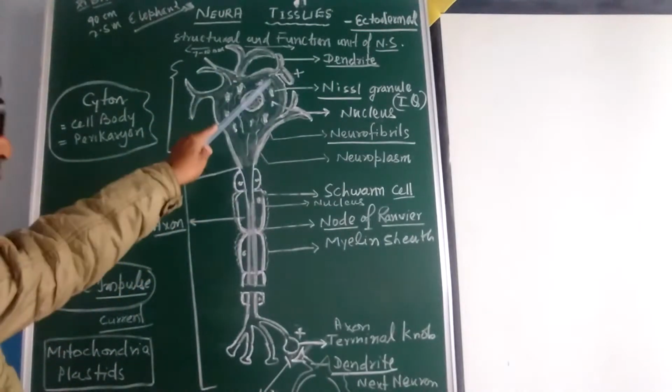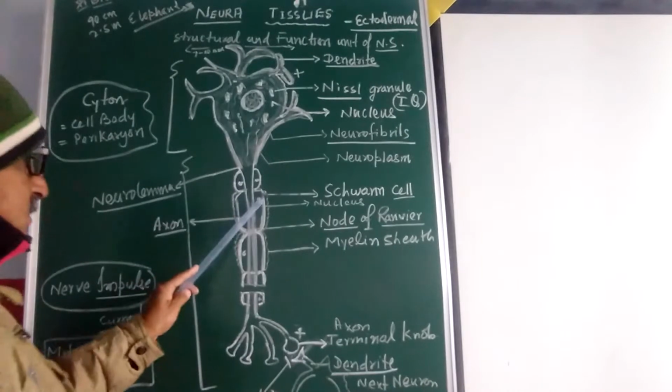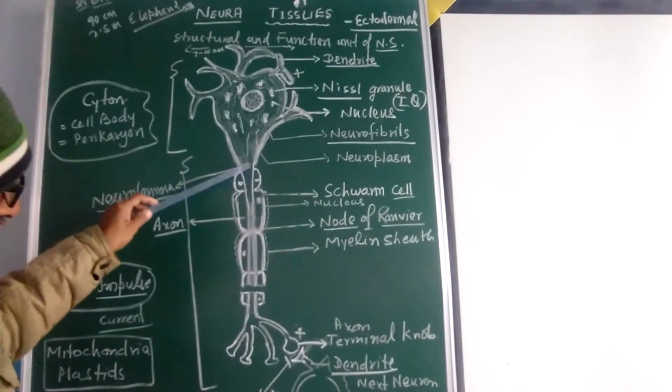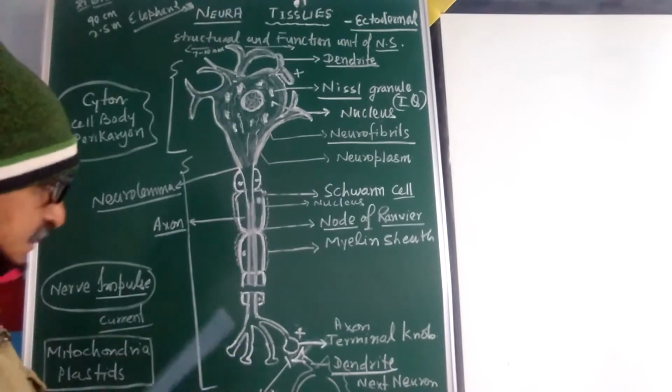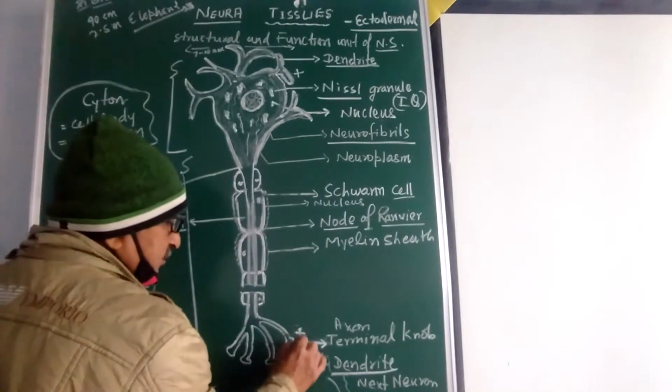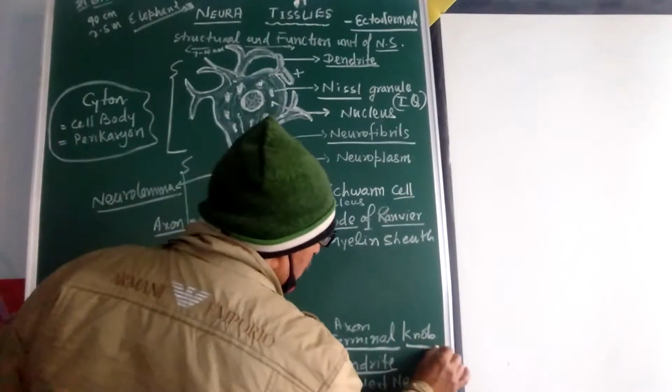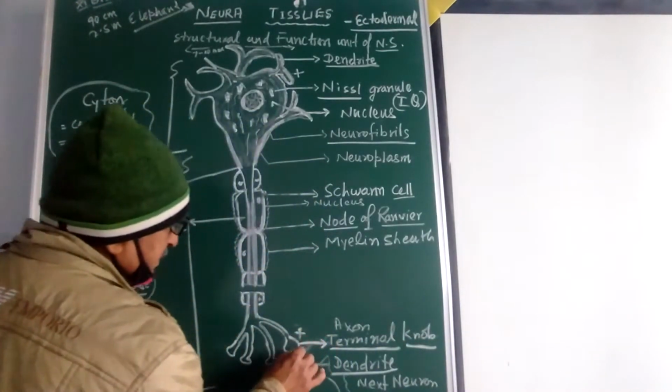So the cell body contains a nucleus, and the squamous cell contains a nucleus. This is the nucleus of a squamous cell, and the thread-like structure is called the axon, having a nerve ending. The axon terminates in a knob-like structure.